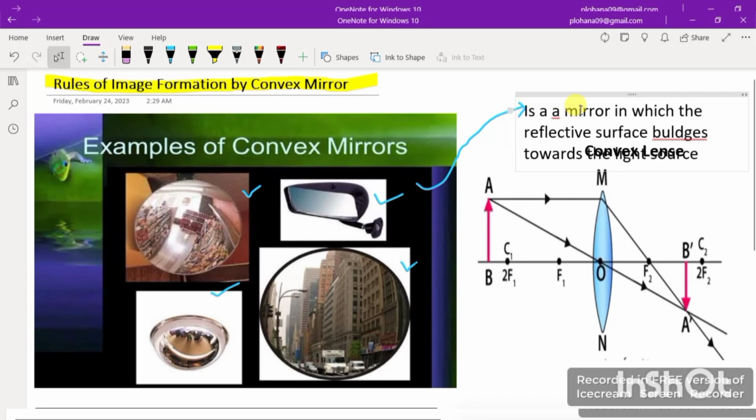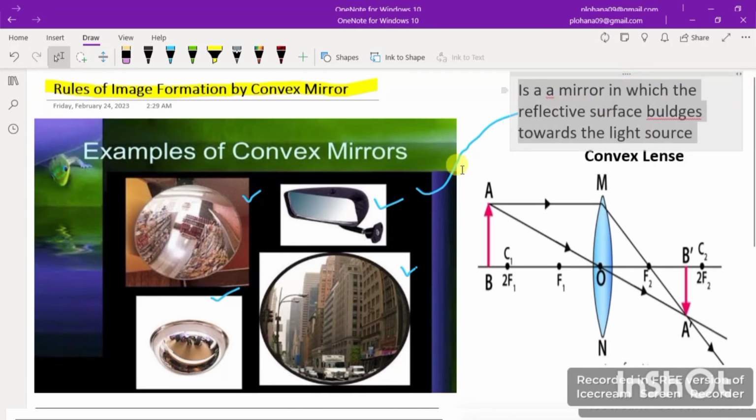Right. So this is the definition of convex mirror we have. Let me make it more clear. So yeah, this is the definition of convex mirror we have.